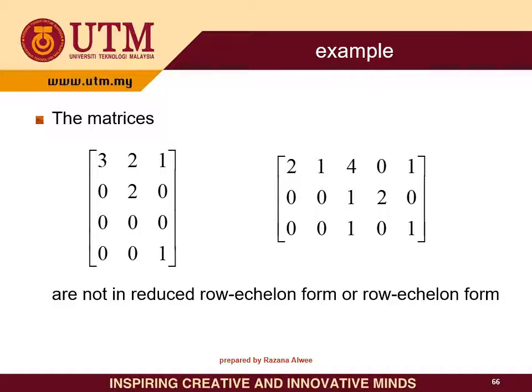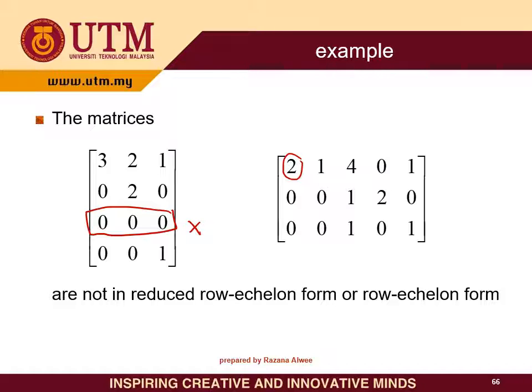These examples are not in reduced row echelon form or row echelon form at all. Let's see this one. This one has 0, 0, 0, but it is not at the lowest, so it does not satisfy the condition. For this one, as you can see, this is number 1 here, the leading entry of the first row.